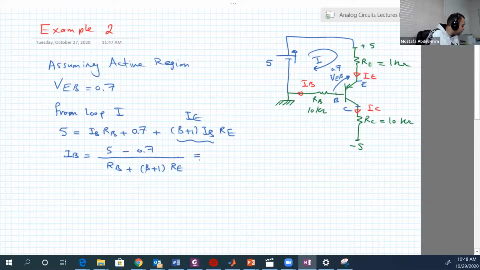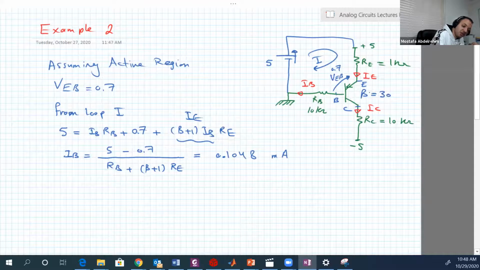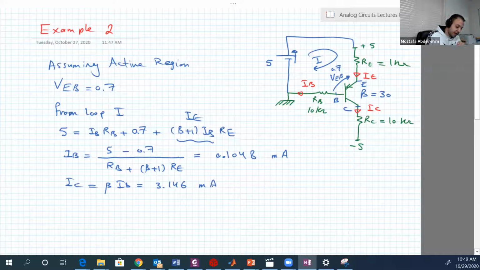If we calculate this, IB is 0.1048 milliamperes. Beta here is 30, only 30, very small. IC equals beta IB, so this equals 3.146 milliamperes.